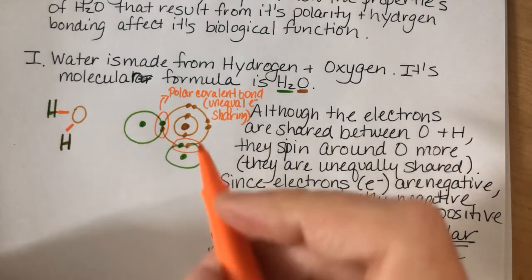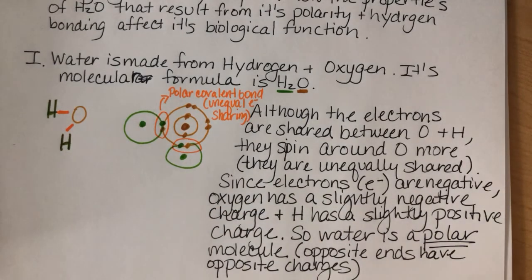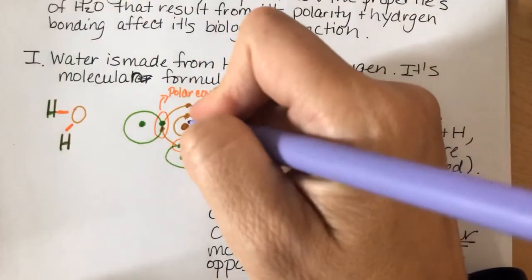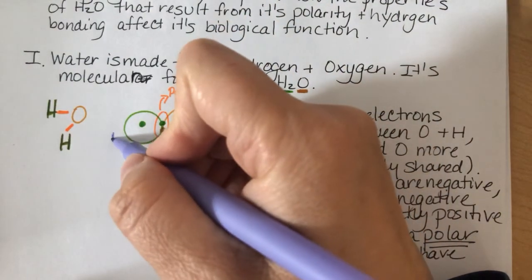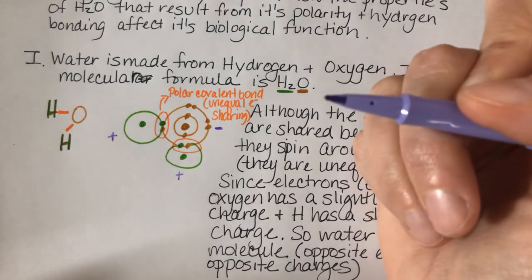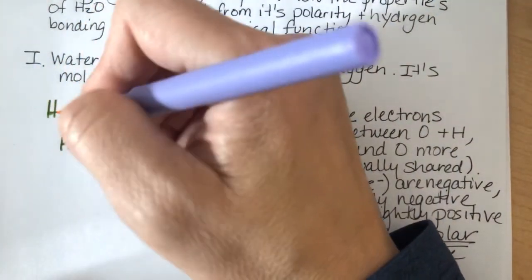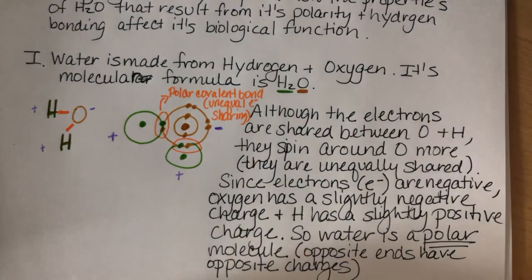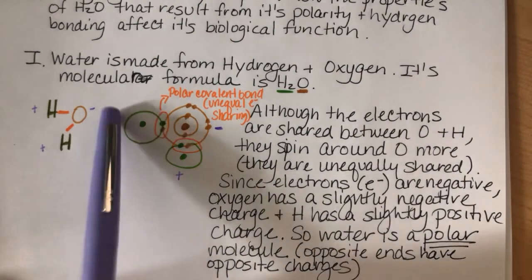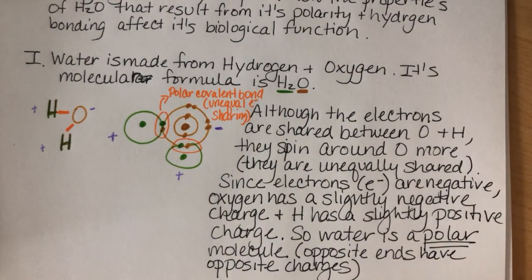What that does is going to give, let me pick a different color here, I'll do purple, the oxygen a slightly negative charge, and the hydrogen a slightly positive charge. So if I were to do that on here, this is a slightly negative, slightly positive. So it's like a little magnet, opposite charges on either side.